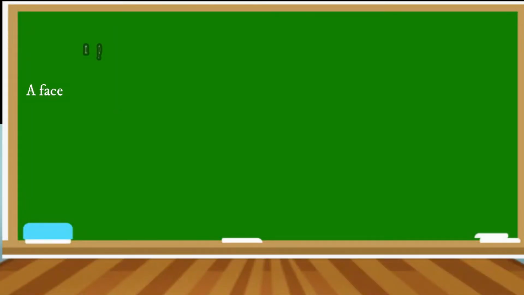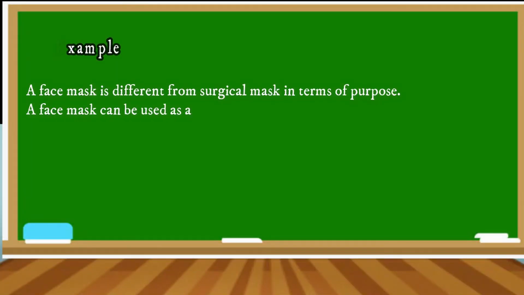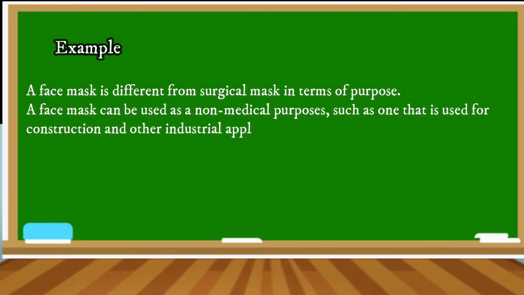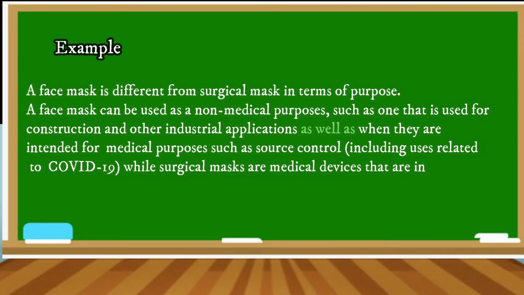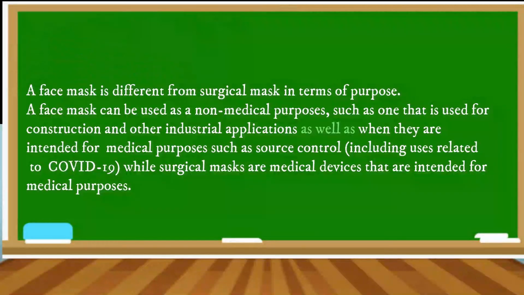Example: a face mask is different from a surgical mask in terms of purpose. A face mask can be for non-medical purposes, such as one that is used for construction and other industrial applications, as well as when they are intended for medical purposes, such as source control, including uses related to COVID-19, while surgical masks are medical devices that are intended for medical purposes.